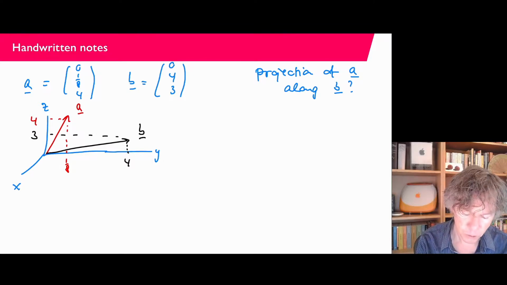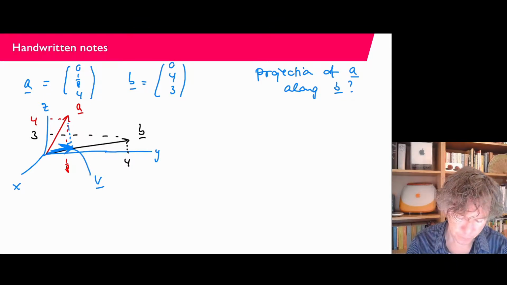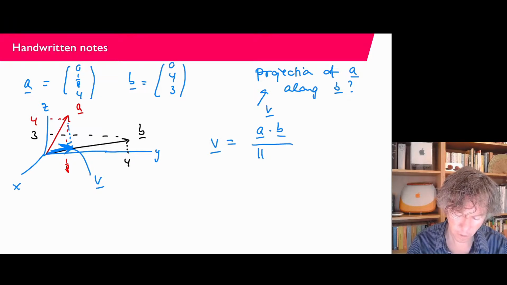And then what we're going to do is project it. So I'm interested to find if you do the orthogonal projection here, so this is a 90-degree angle, then you find a vector in blue here, and this vector is the v vector from the previous slide that we're interested in. So I call this v, and with the results from the previous slides, what we get is a dot b over length of b squared times b.